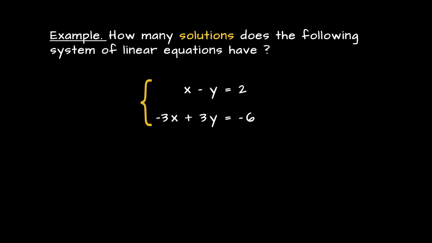This time, notice that taking the second equation and dividing both sides by -3 actually gives us the first equation, x minus y equals 2. In other words, the second equation in our system is really just a copy of the first equation that's been multiplied by a constant. It follows that these two equations actually represent the exact same line, and therefore that our system has infinitely many solutions.